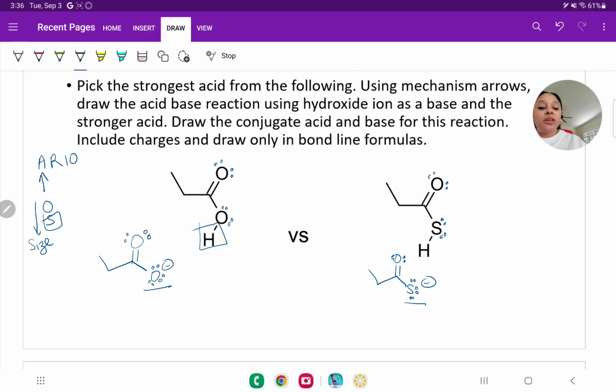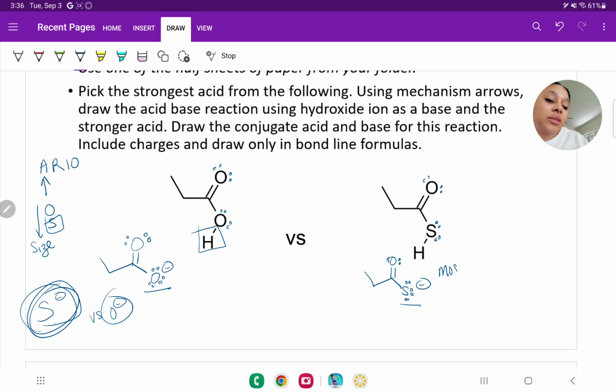The larger my element is, the more I can smear that electron density, making me more comfortable. And so that would mean that this is the most stable conjugate base, which really translates to this being my stronger acid.